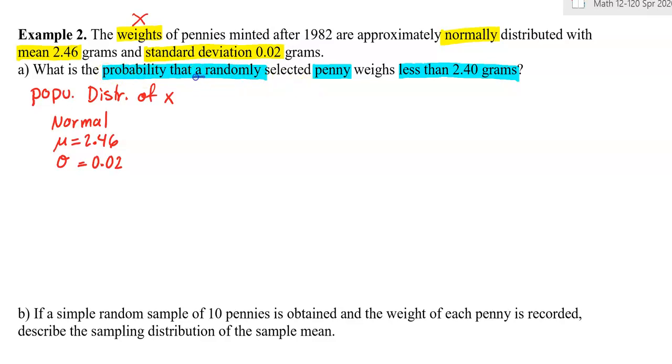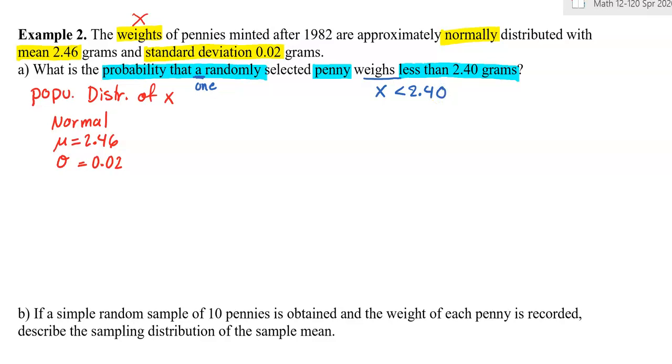So A means only one. So here we don't have a sample necessarily, so this problem wouldn't be about X bar. It's just about that one penny having a weight. It's just weight, which is just X, less than 2.40. So this is not about X bar.